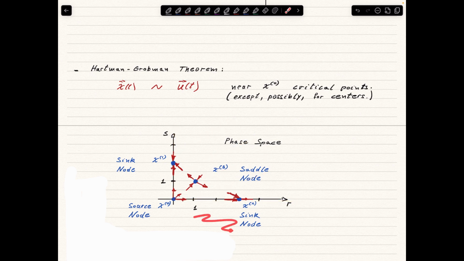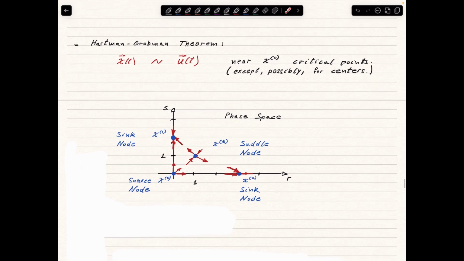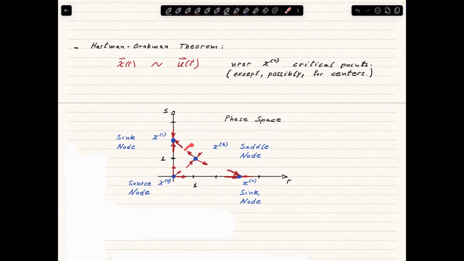We are not interested in what happens here. We could, but it's more work and we don't have much time. And recall, this critical point is a saddle, so maybe we can even do some little pictures like this. So this is the behavior of the solution of the nonlinear system, similar to the behavior of the linearization near the critical points.